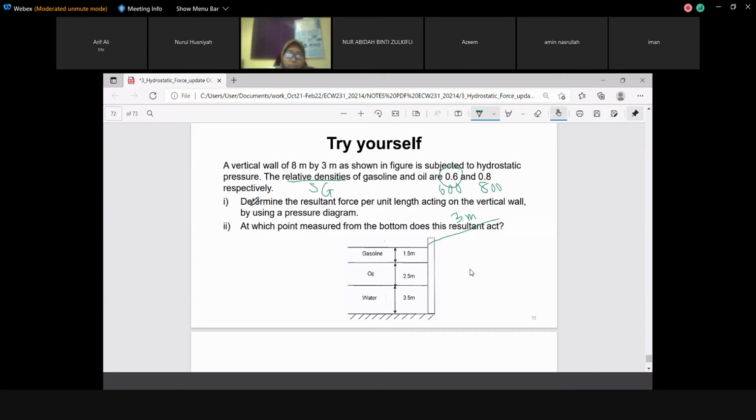Okay, and then we need to determine the resultant forces per unit length acting on the vertical wall by using a pressure diagram. So it mentions here, you have to use the pressure diagram. You cannot use rho g h from earlier. Okay, and find the location point where the force acts.